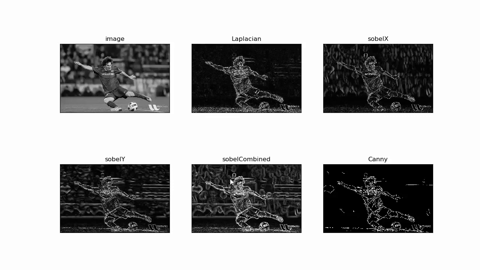There is a lot of noise present in the other methods, and in the Laplacian method also you can see some noise around, but in the Canny edge detection method you get the proper edges and more precise edges without any noise. So this is the benefit of using Canny edge detection.